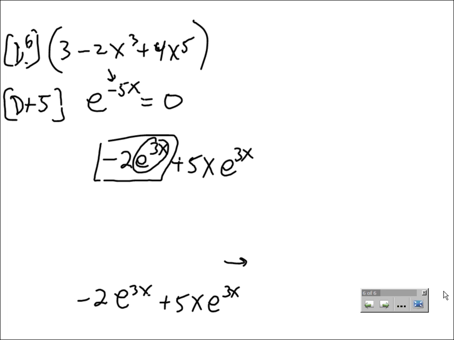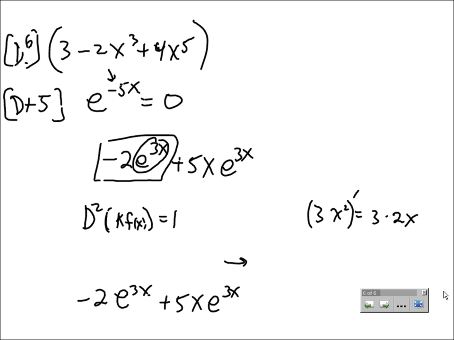So these are differentiable operators. When you take the second derivative of a constant k times the function, just like when you take the derivative of 3 times x squared, the derivative is just 3 times the derivative of x squared. That is, the constant comes out in front.